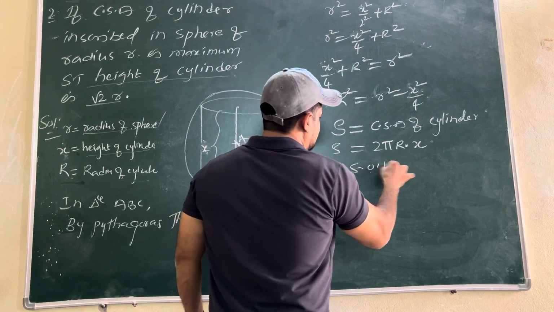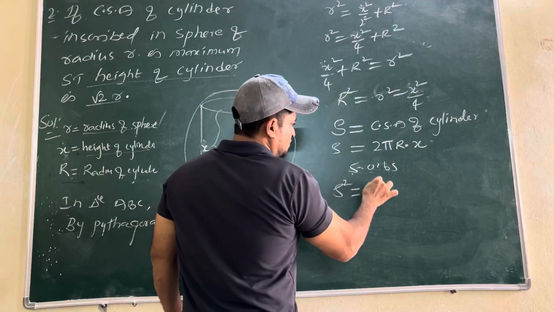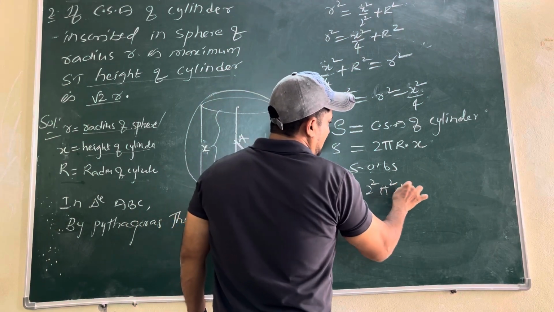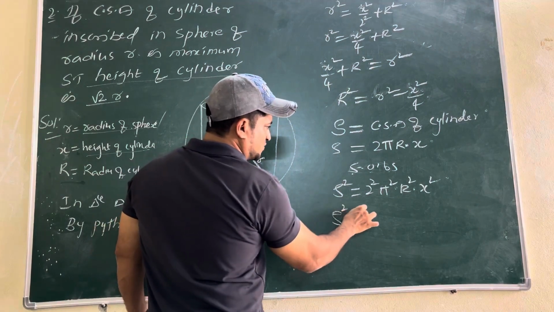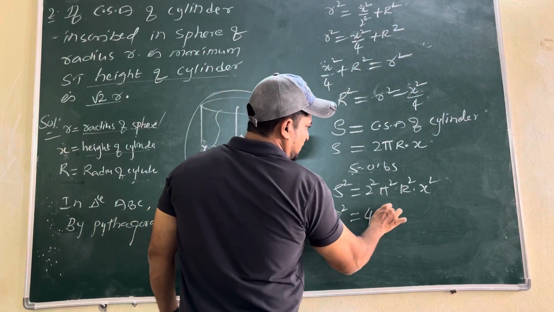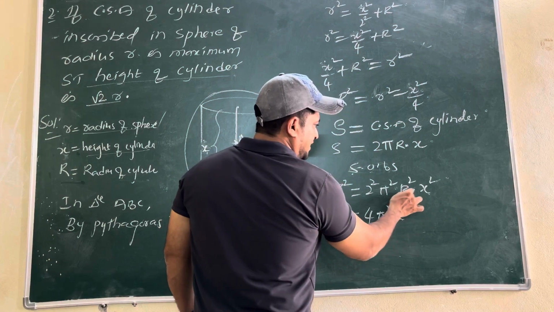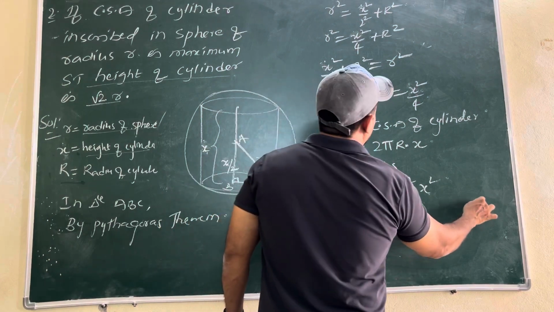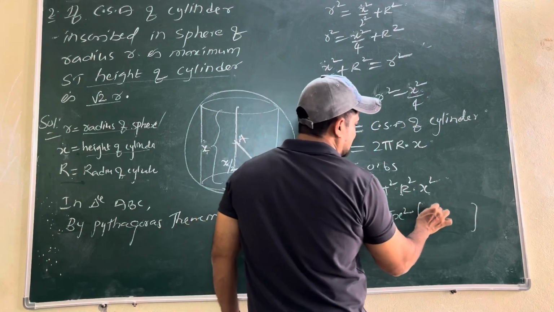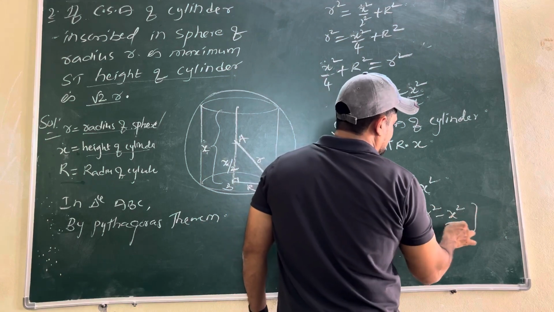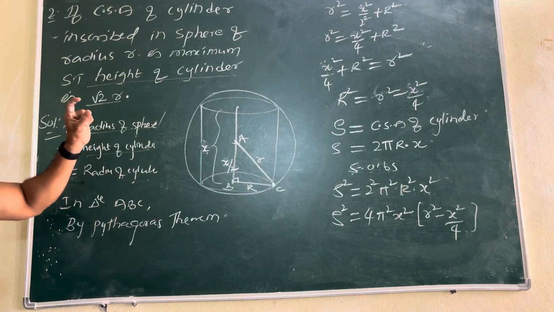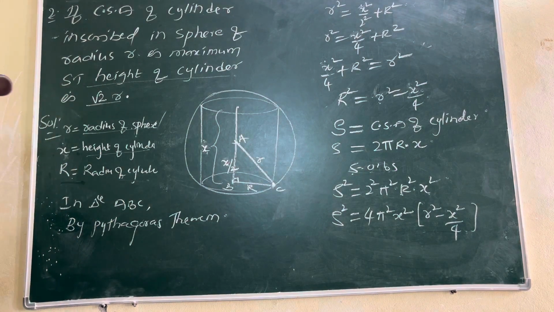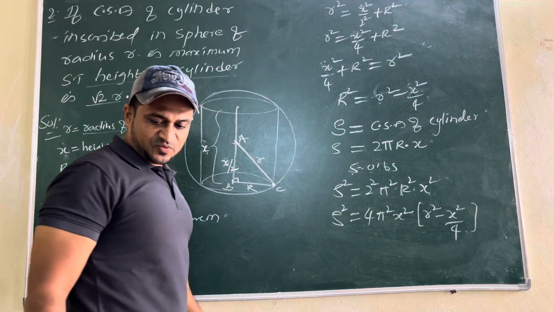Squaring on both sides, s square equals 2 square pi square R square x square. Now s square equals 4 pi square x square, you can write here, in place of R square, whatever we got for R square, that you can consider: small r square minus x square by 4. Because R is given 2 times, where is capital R, where is small r, that you can remember. This is the value of s square.